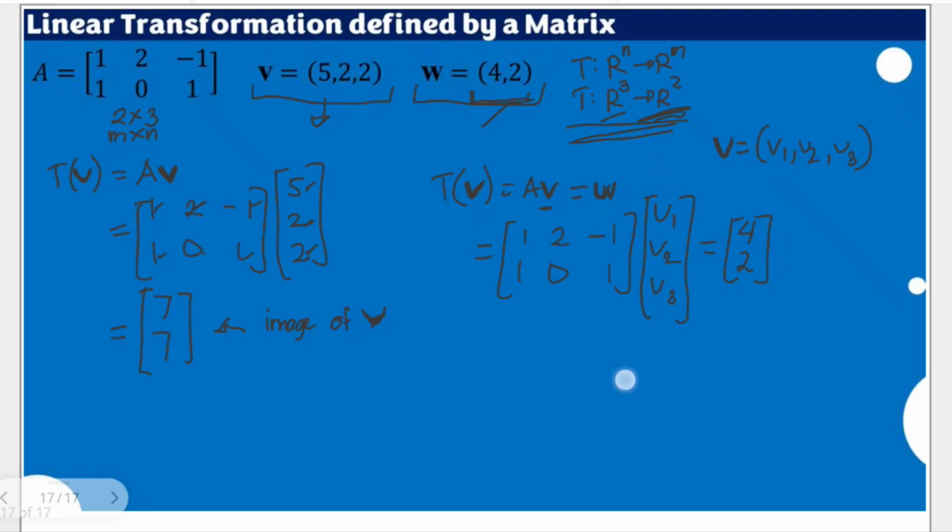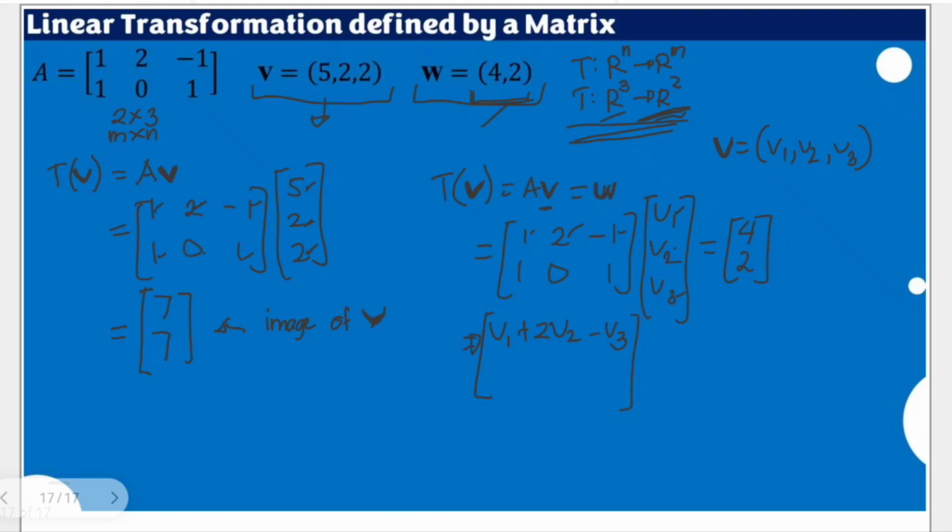So once we multiply that, we will have equations here. So 1 times v sub 1 is v sub 1. 2 times v sub 2 is plus 2 v sub 2. And then we will have negative 1 times v sub 3 is minus v sub 3.